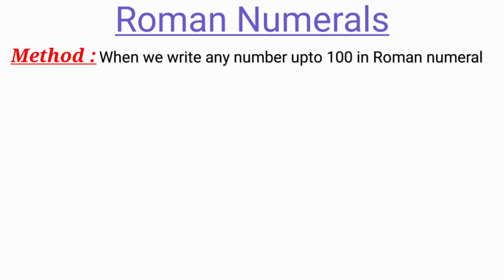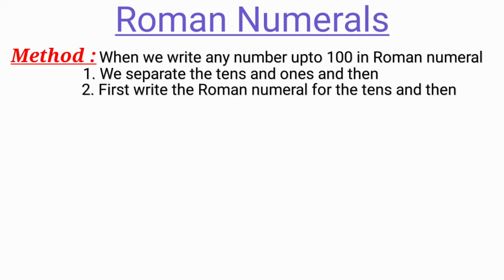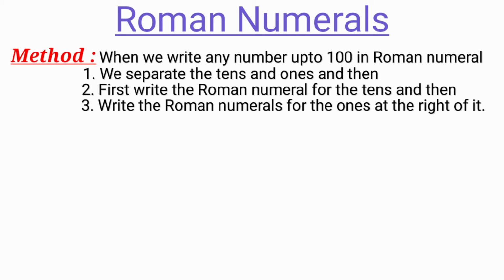Now, to write numbers up to 100, we will follow a method for convenience. That is, when we write any number up to 100 in Roman numerals, we separate the tens and ones and then first write the Roman numeral for the tens and then write the Roman numeral for the ones at the right of it. Let us try to write number 22.